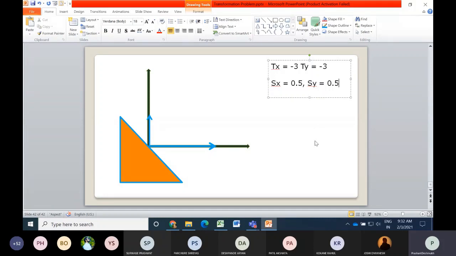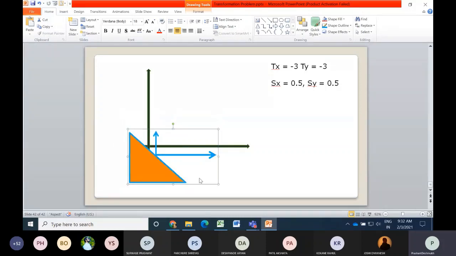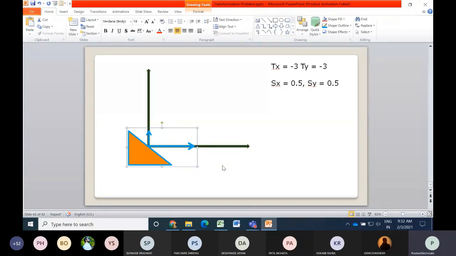So in the second step, select this and this will be your second step. See that this point which is at origin.